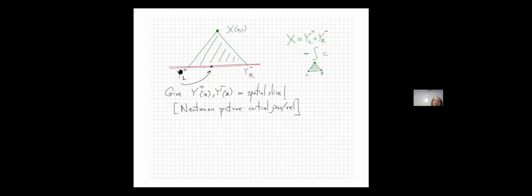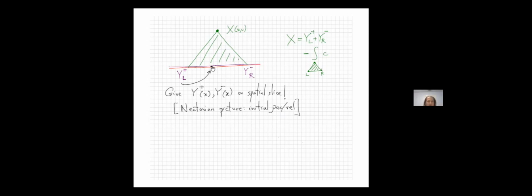But really the very dumbest thing you might do is just to say, give me the initial data on this spatial surface. So on the surface at any given point, I'm going to just give you Y plus of X and Y minus of X on that spatial slice. So this one point here has 2 degrees of freedom on it, just like we're used to, x and x dot.